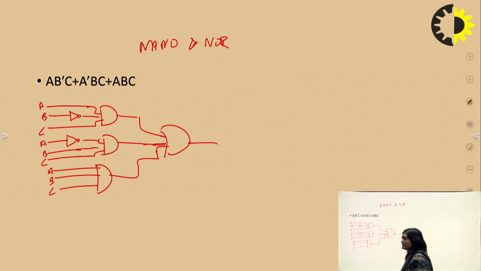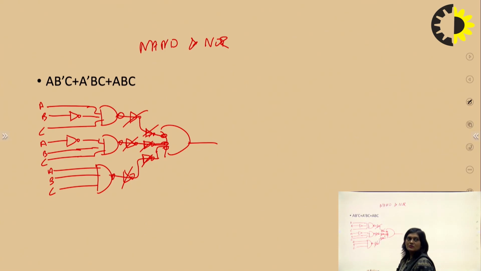Now with drawing with the NAND gate, we will put a bubble at the output of the AND gate. Like in this way. Now it will be cancelled out.